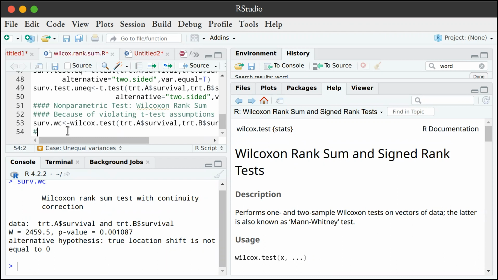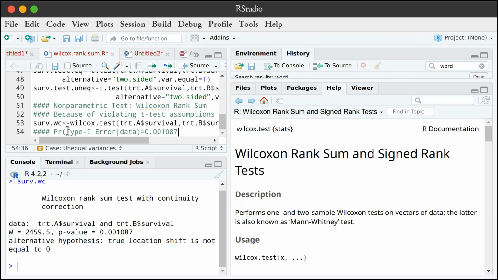Informal way to understand the p-value, it is the probability of type 1 error, false positive. In other words, the chance that you are making a mistake in rejecting the null is 0.001087. Is that a huge probability?